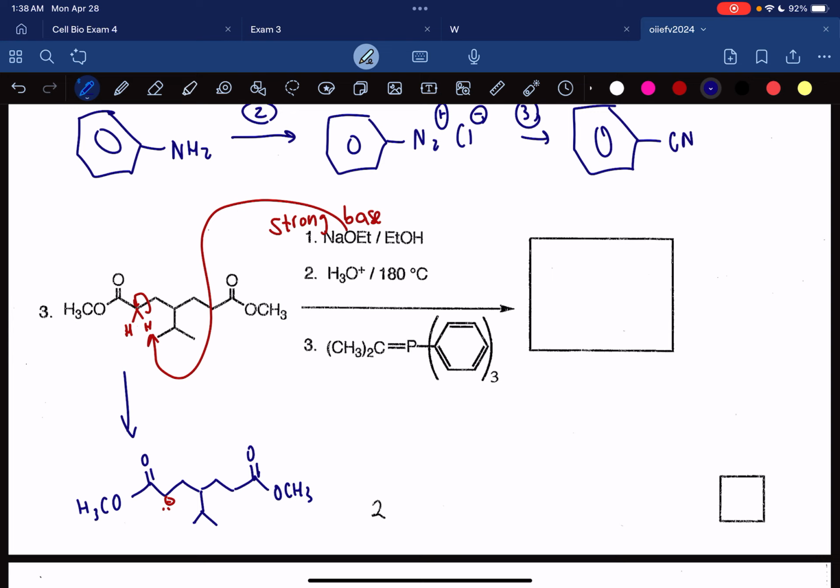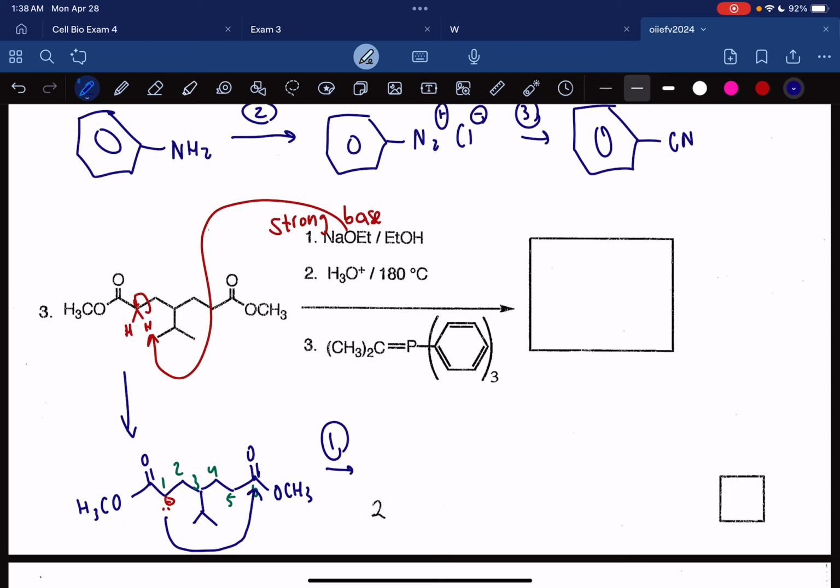And so how that works is, since you can form a ring here, if we number this as 1, 2, 3, 4, 5, 6, this can react with itself, and so it will close here, and you'll make a 6-member ring. And so this is the real product of step 1.